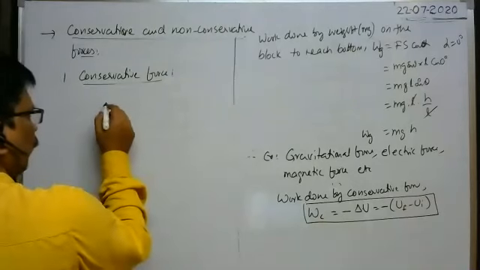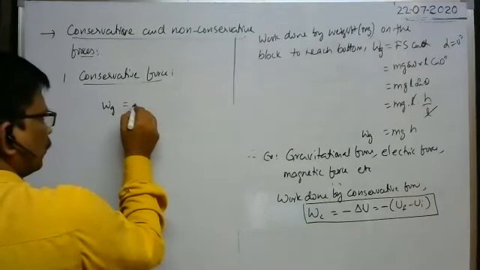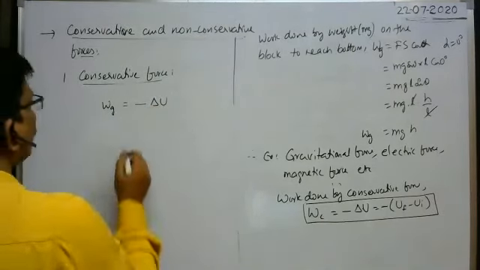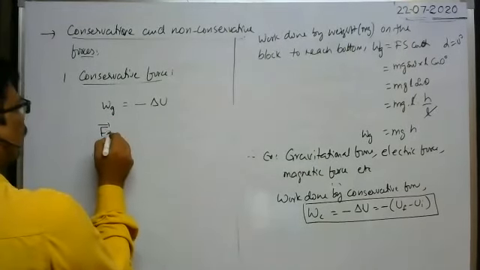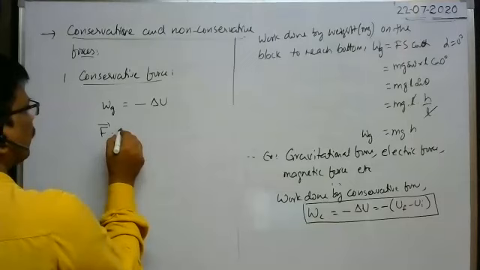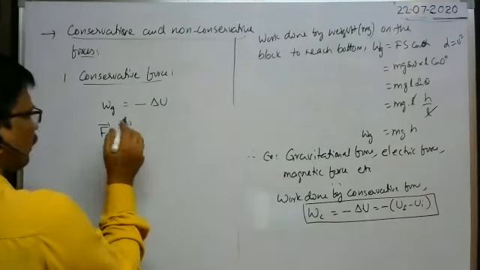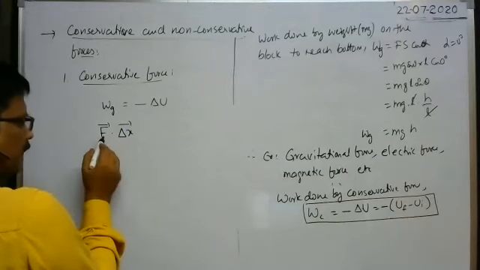You see, work done by conservative force on a body is equal to minus of change in potential energy of a body, or W can be written as F bar dot delta X bar, that means displacement of the body is delta X. Here it is the conservative force.